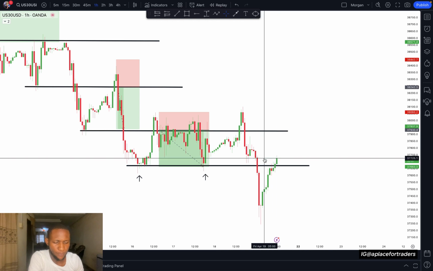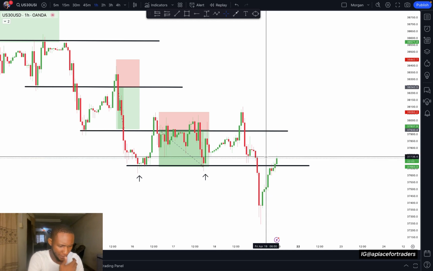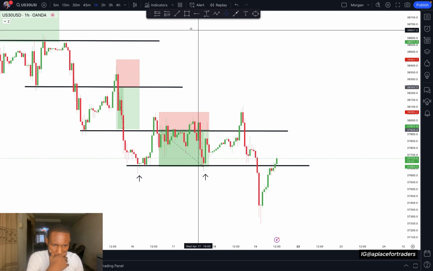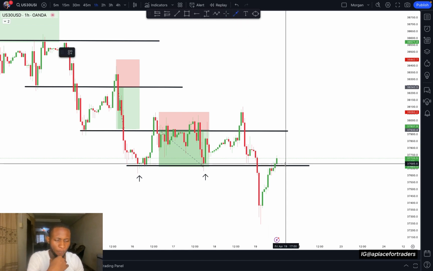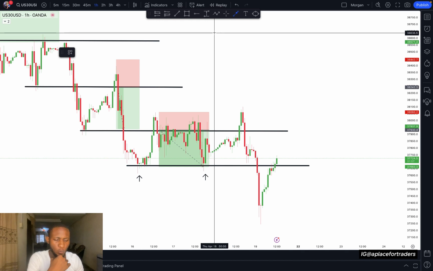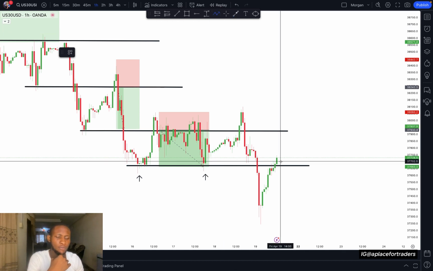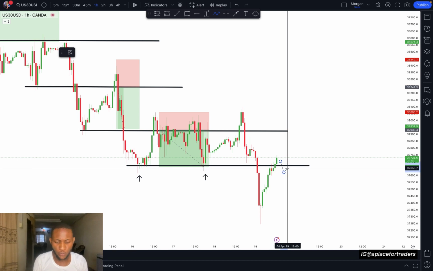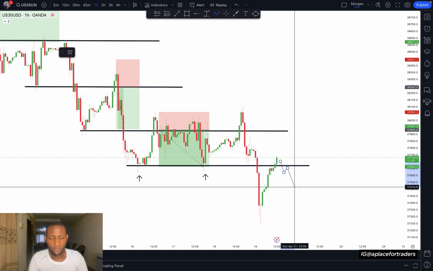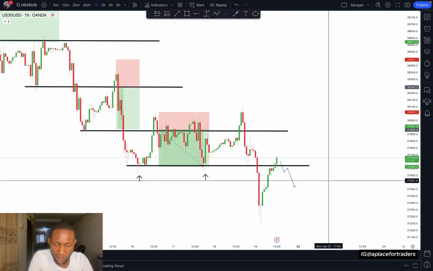Right now, price has definitely corrected itself, and all we're going to be waiting for is to see price back again under these levels, and only when price is under these levels can we look to keep pushing price down to make a new low.